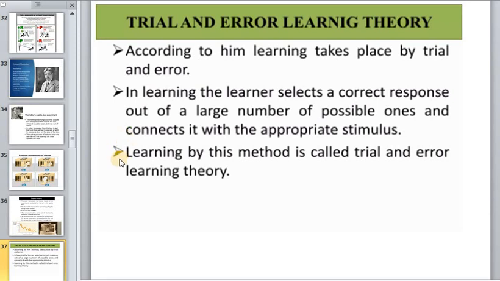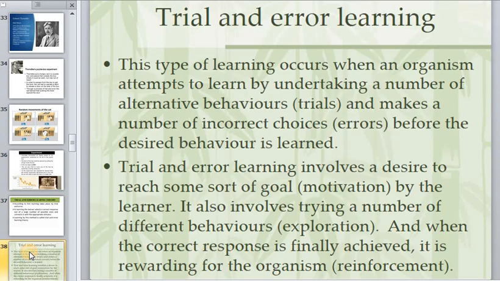Learning by this method is called the trial and error learning method. This type of learning occurs when an organism attempts to learn by undertaking a number of alternative behaviors, trials, and makes a number of incorrect choices, errors, before the desired behavior is learned.